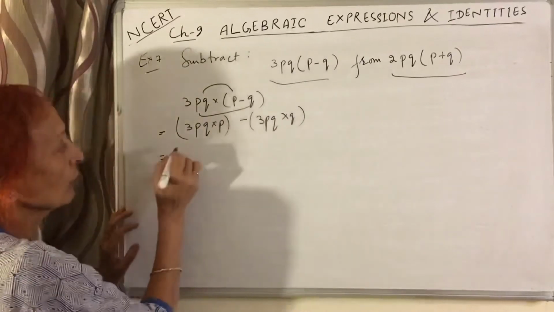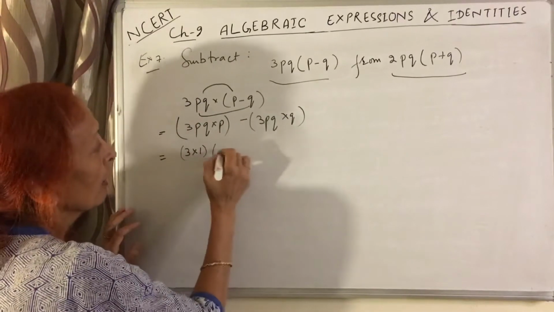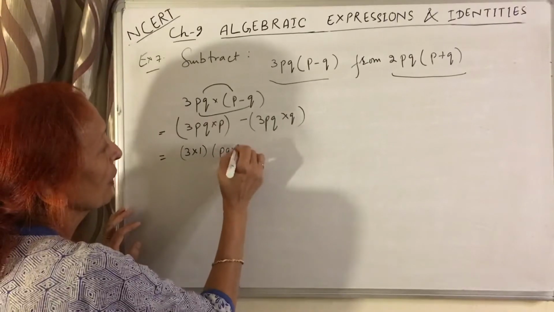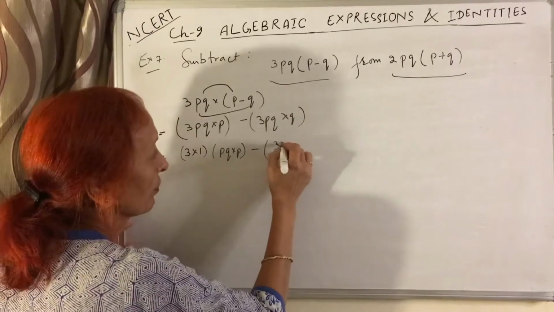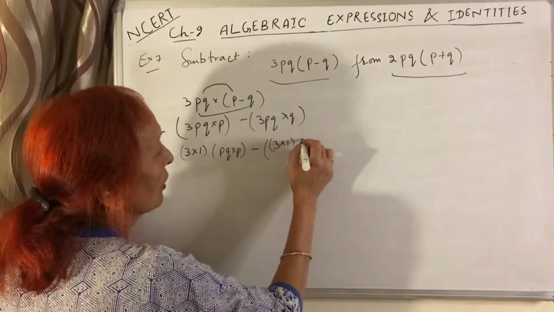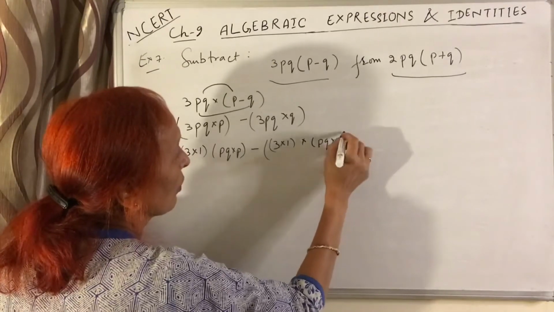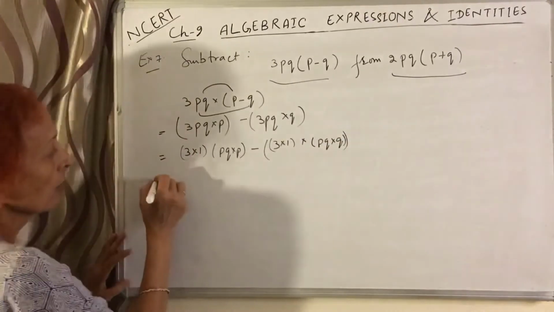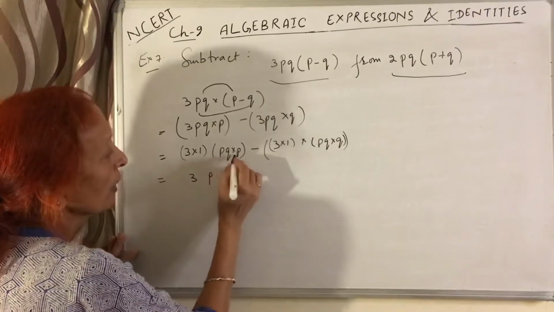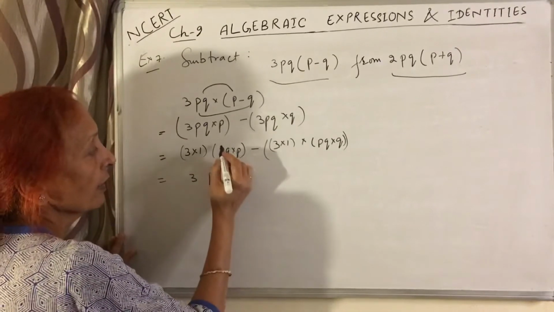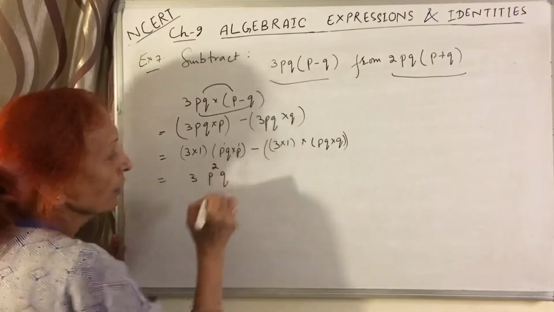This is equal to numerical coefficients 3 into 1, then pq into p, minus 3 into 1 into pq into q. Okay, so this is equal to 3 p into p. First we will take their power 1, so it will be p square q.